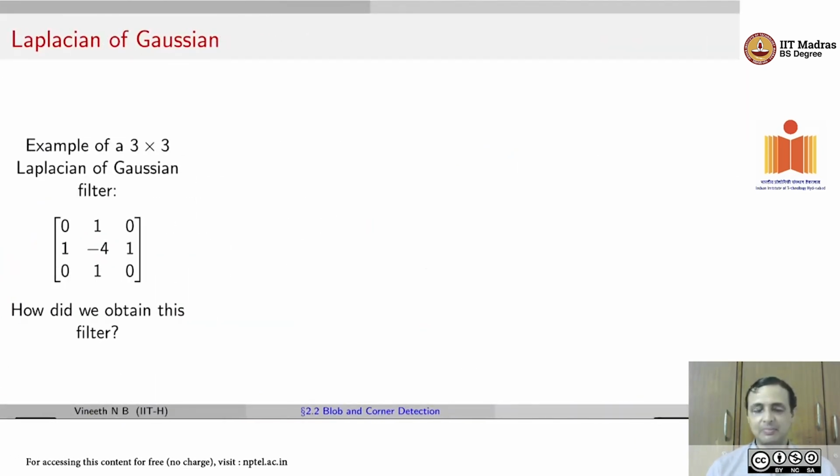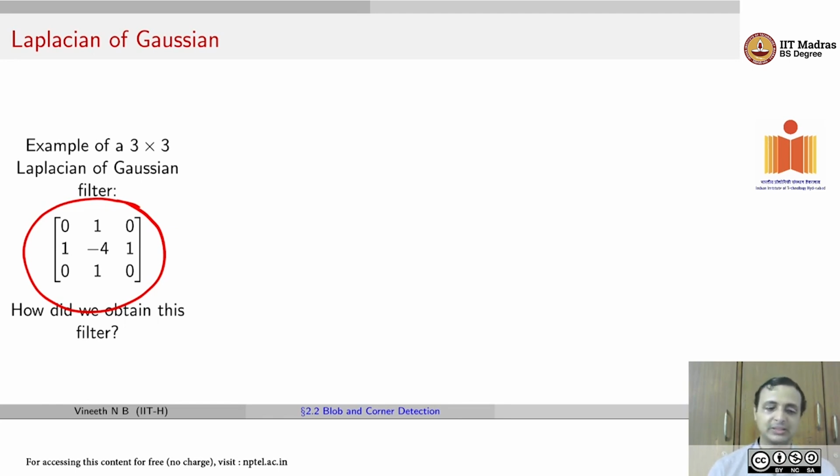Now an example of a 3x3 Laplacian of Gaussian filter is going to look somewhat like this, where you have a -4 in the center and 1, 1, 1, 1 in its nearest neighbors and 0, 0, 0, 0 in its next level of nearest neighbors. Can you try to guess why this is a relevant Laplacian of Gaussian filter?